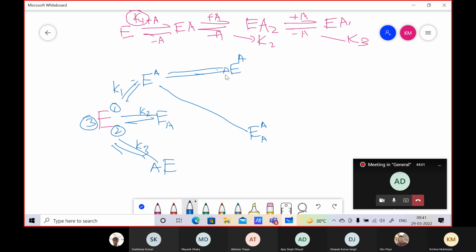This is EA, so this is K13, and this is K12, the binding constant. Are you following this? Similarly, this one here can go to here. And what is this? This is K2. No, it cannot go here. It can.